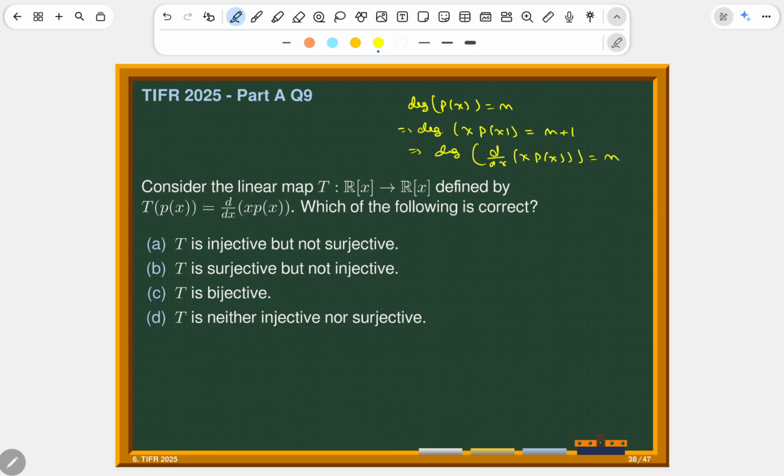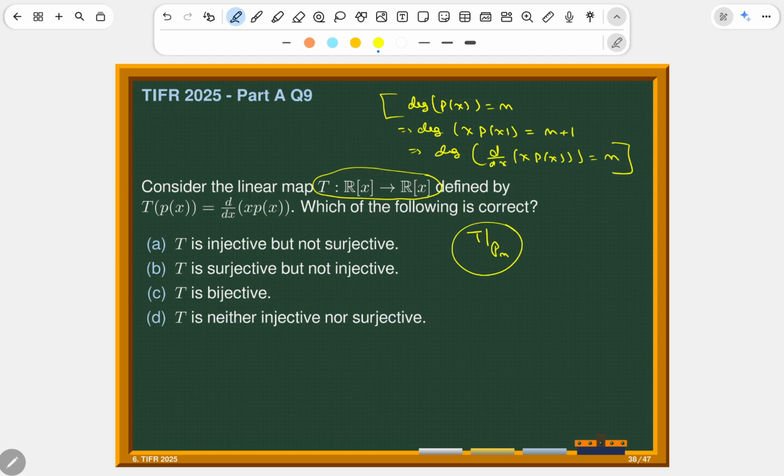So actually the best way to solve this problem is without viewing T as a map on all of R[x]. What you can do is restrict T to P_n, the collection of all real polynomials with degree at most n. Then the restriction is also a well-defined linear map because of whatever we did here.